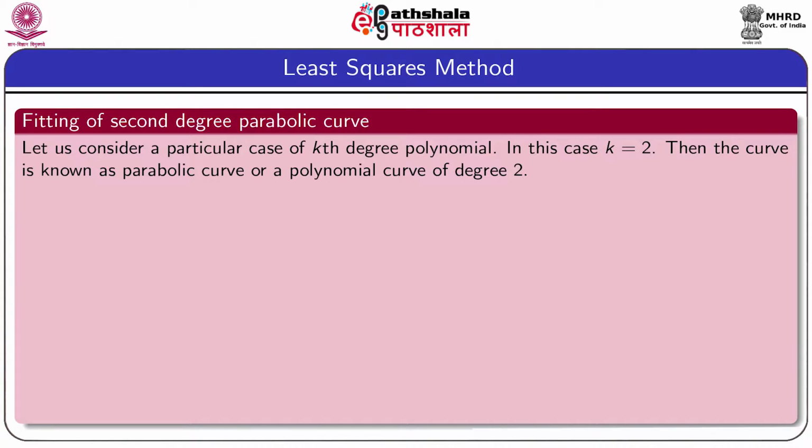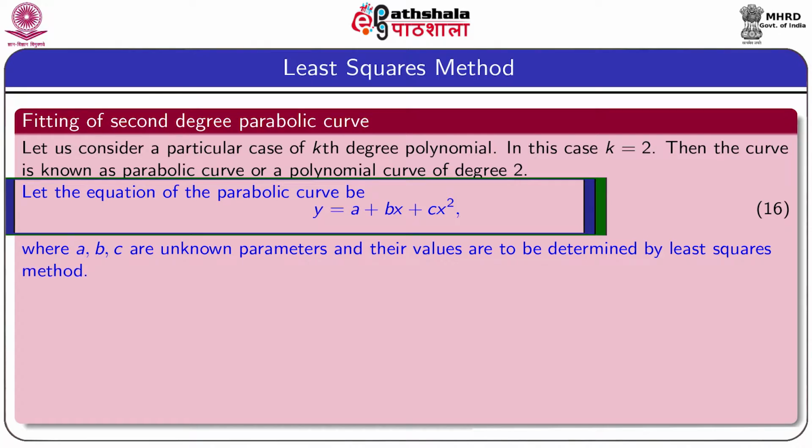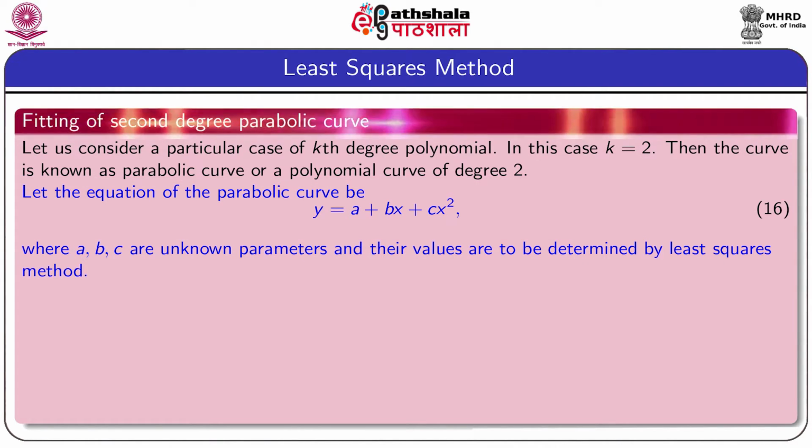Now we consider a particular case of polynomial curve fitting. We consider k equal to 2 and this polynomial is known as the second degree parabolic curve. Then the curve is known as parabolic curve or a polynomial of degree 2. Let the equation of the parabolic curve be y = a + bx + cx², where a, b, c are unknown parameters and their values are to be determined by least squares method.